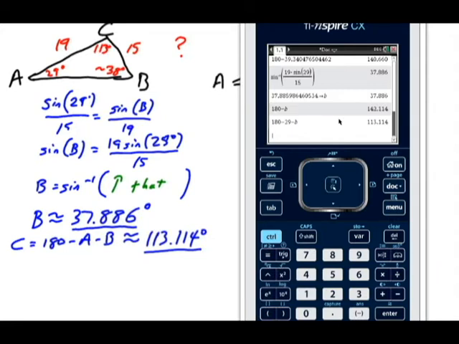Now the only thing left is side C. Since we have all the other information, we have a choice. We can either use law of sines or a law of cosines. For the purposes of demonstration, I'm going to use law of cosines.